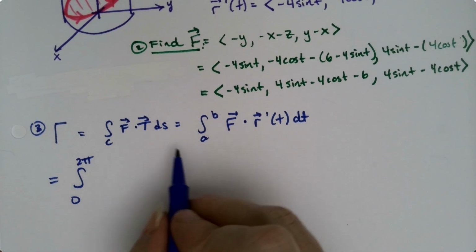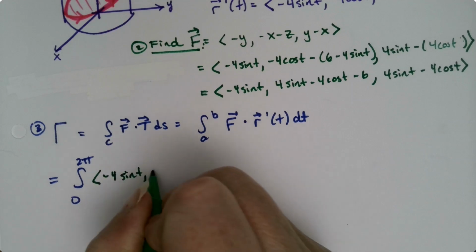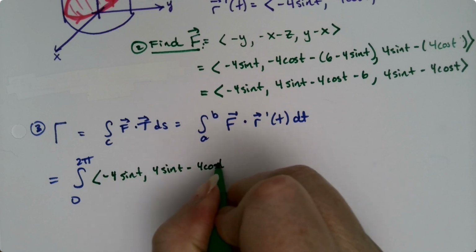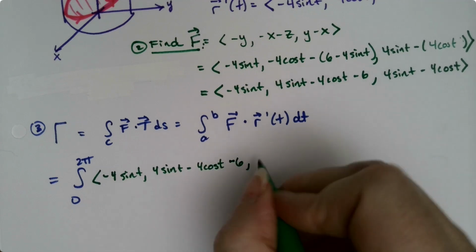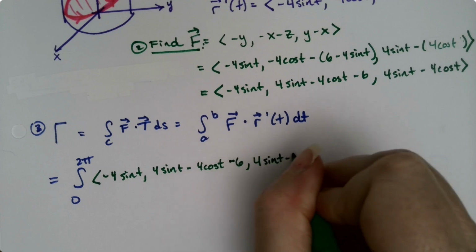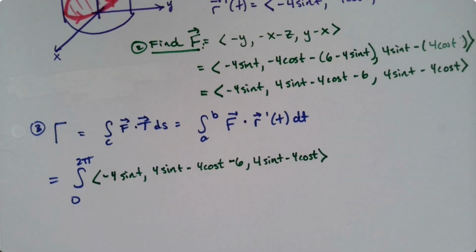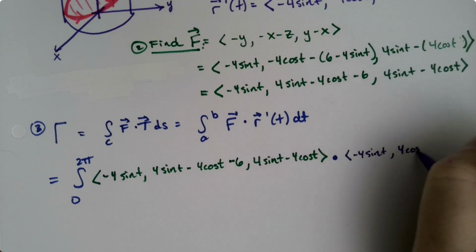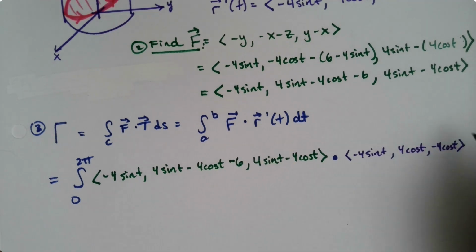And then F, which was, when I figured it out correctly, negative 4 sine t, 4 sine t minus 4 cosine t minus 6, and then 4 sine t minus 4 cosine t. And we're going to dot product that with our r prime, which was negative 4 sine t, 4 cosine t, negative 4 cosine t. I can just fit this in. dt.